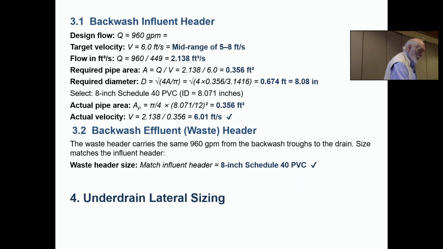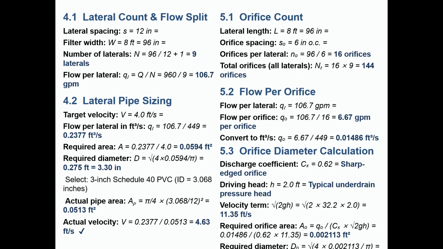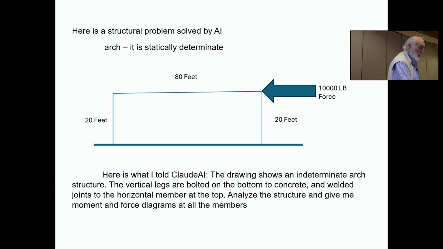The flow, the headers, the spacings, required diameters of pipes, schedule, backwash influent waste header, and under drain lateral sizings. Orifices, flow per orifice, orifice diameter, basically a complete design. I could hand this over to a machinist and have it pretty well completed.